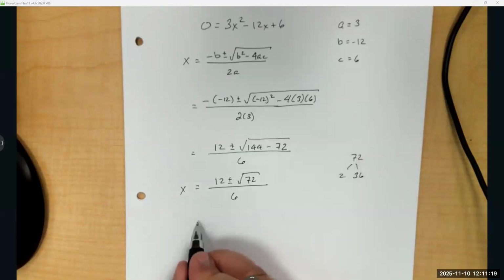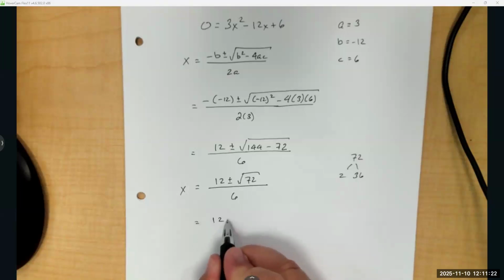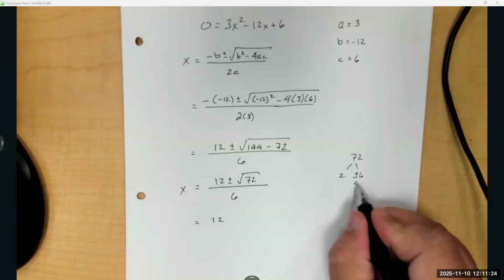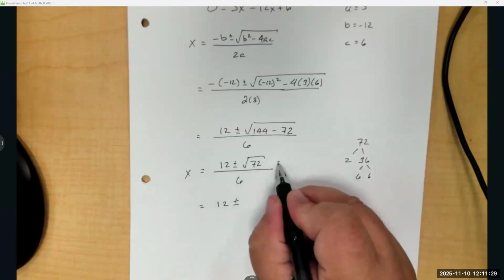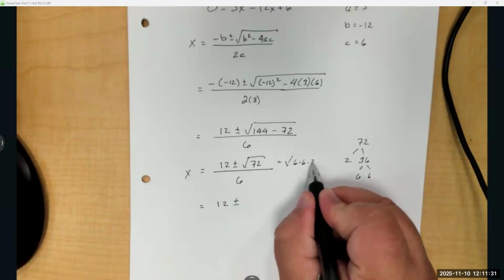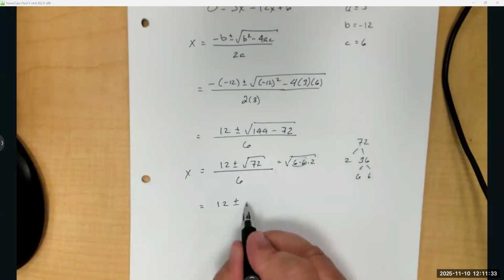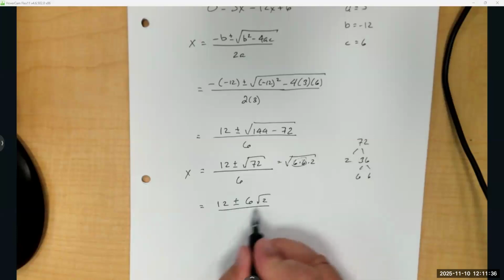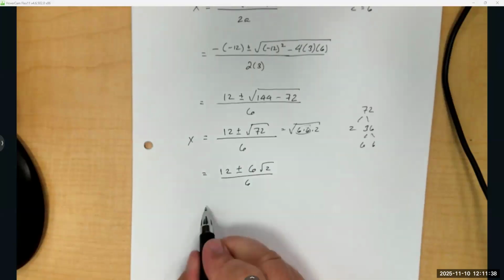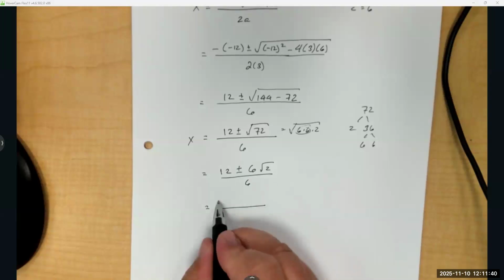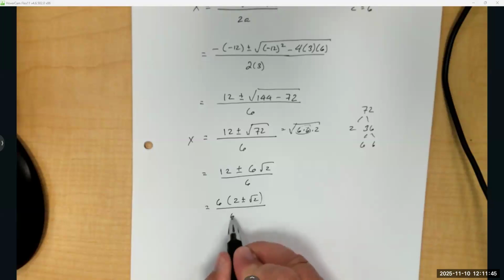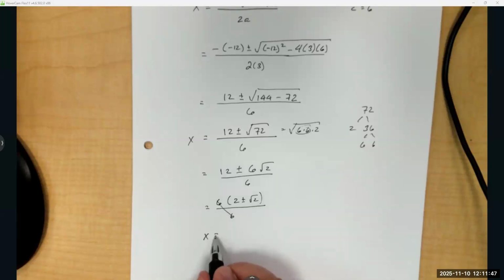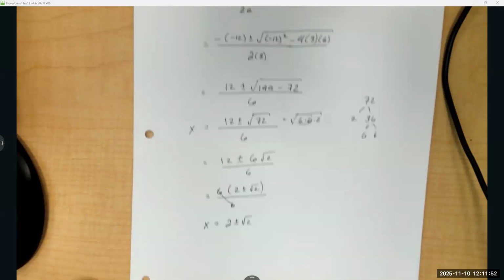So that means the square root of 72 is made up of 6 times 6 times 2. So the 6 comes out in front, and we factor out a 6. So x is equal to 2 plus or minus the square root of 2.